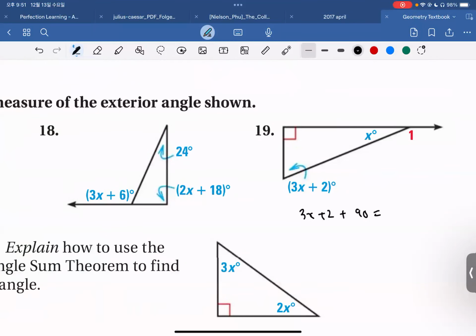That would be equal to 180 minus x, and 3x plus 92 would be 4x, 92, 8. Oops. Sorry about that. And that would be 22. And that's really how it works.